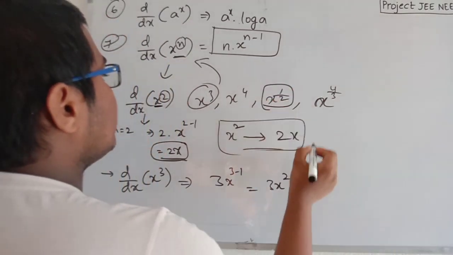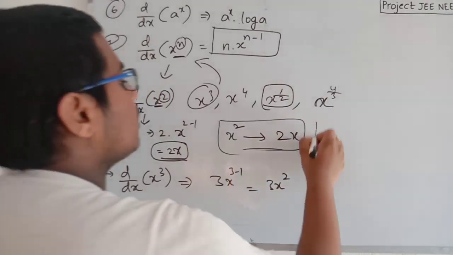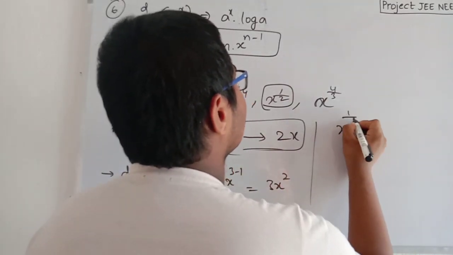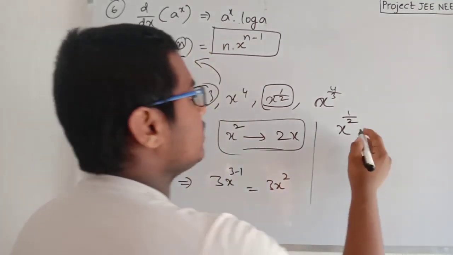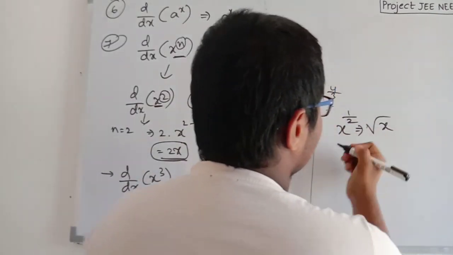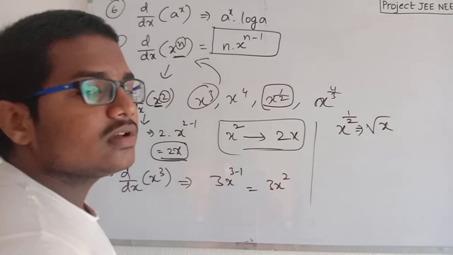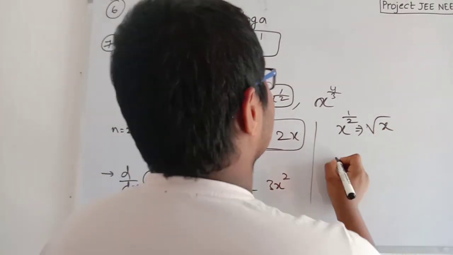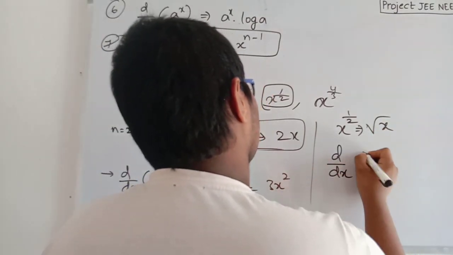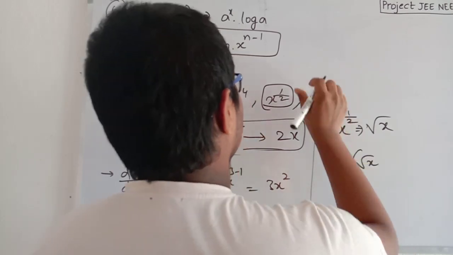So now we are going to an important topic, which has x power 1 by 2, that is, root x. This is actually equal to root x. So what is d by dx of root x?